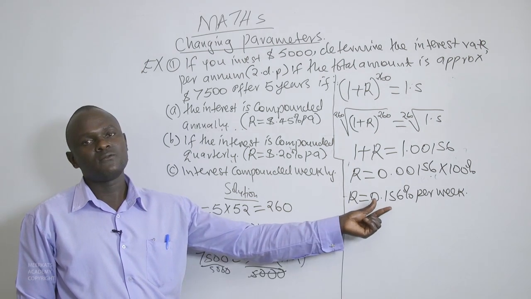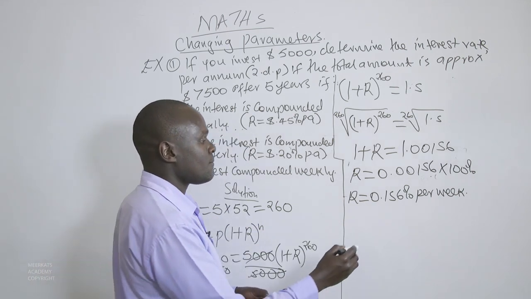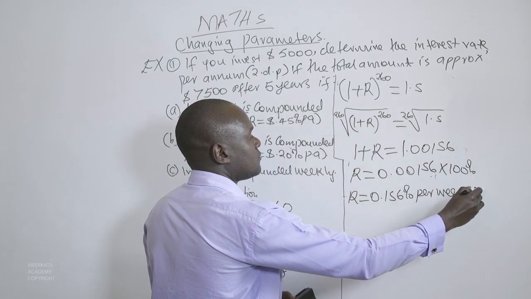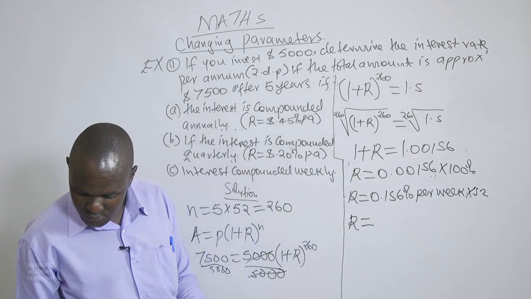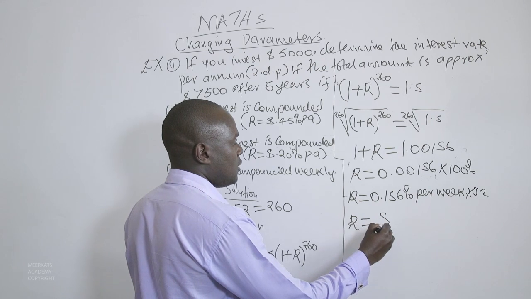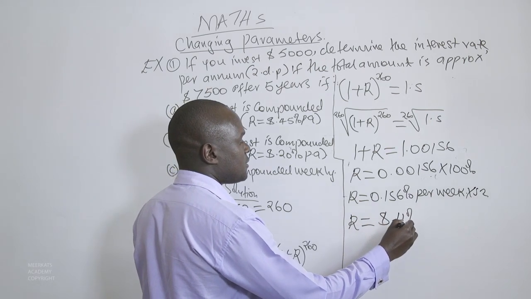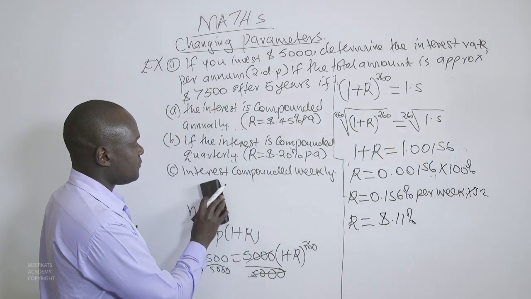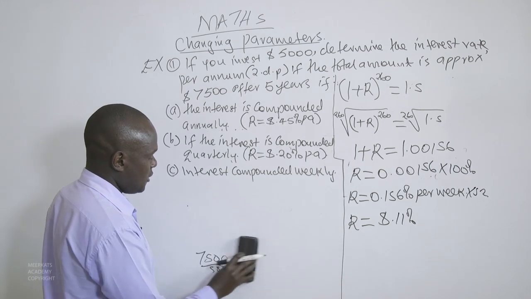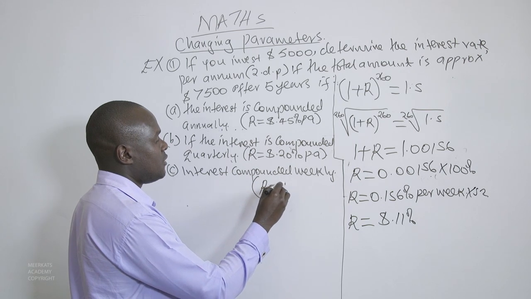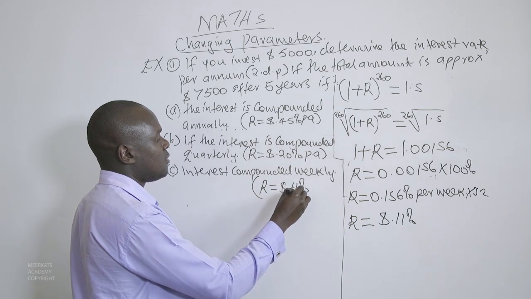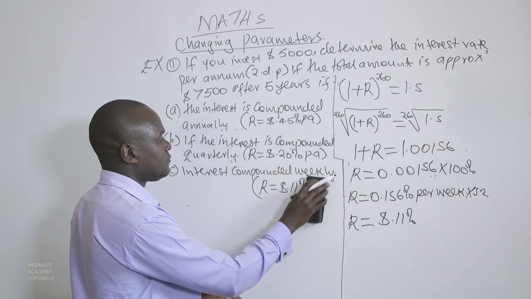We multiply this value by 52, and this will give us 8.11%. So the rate here will be 8.11% per annum.